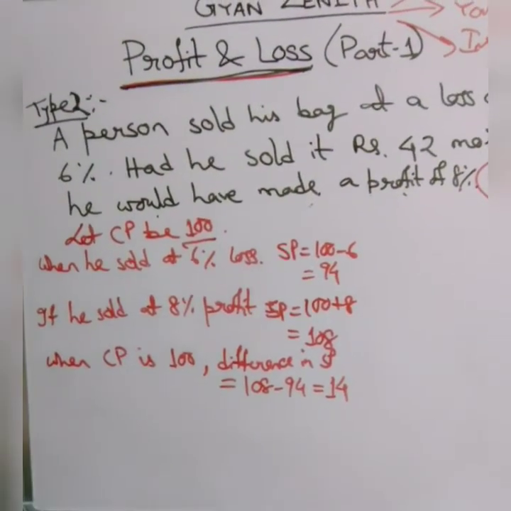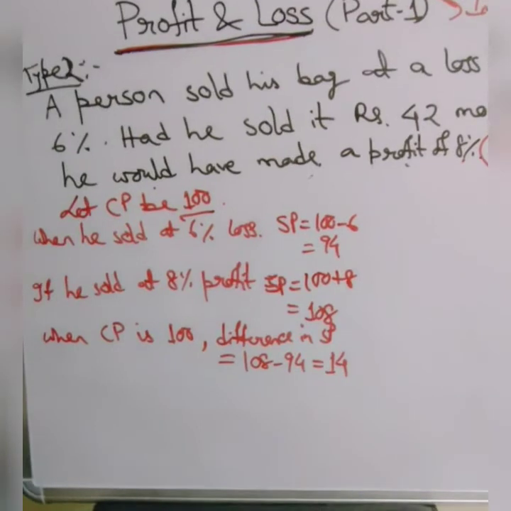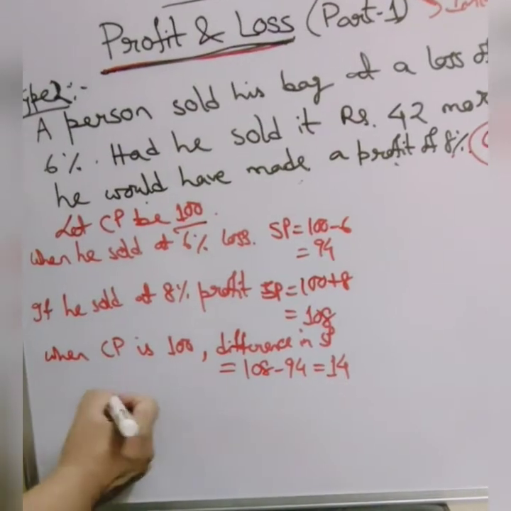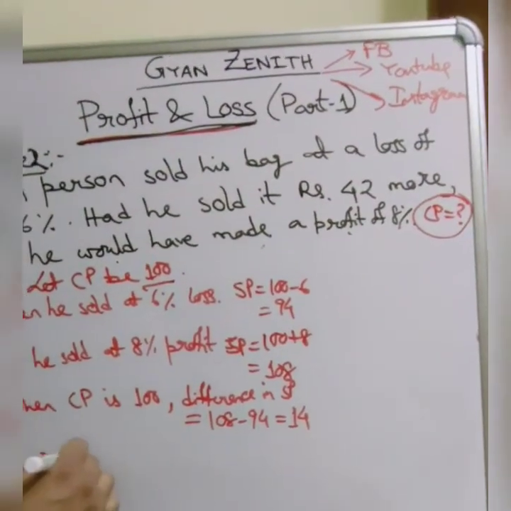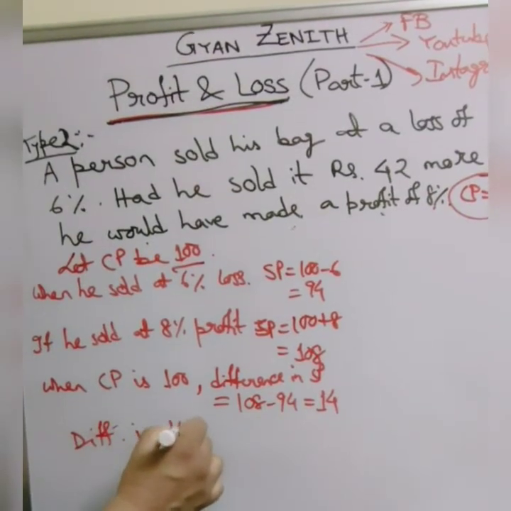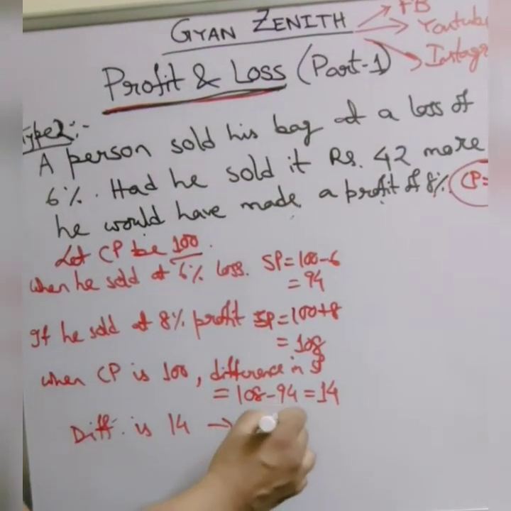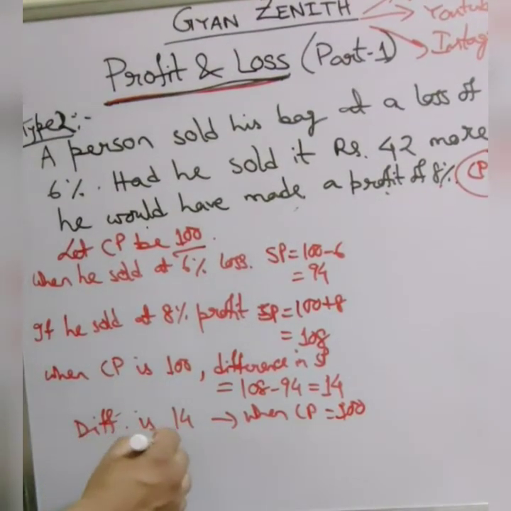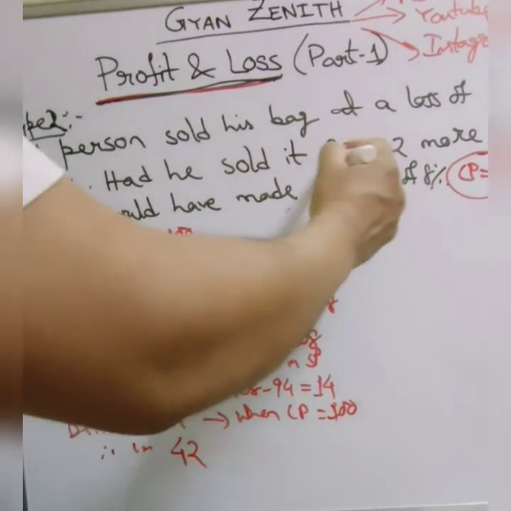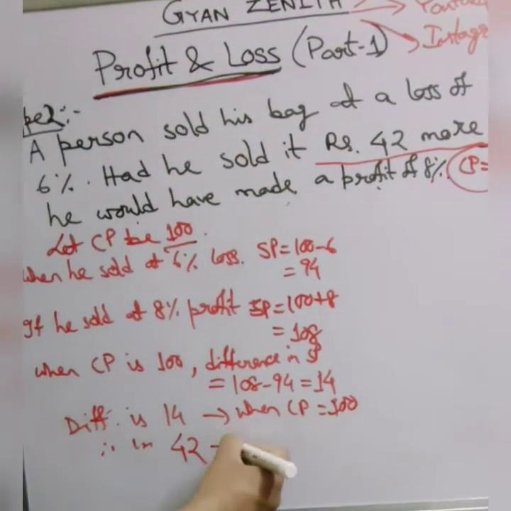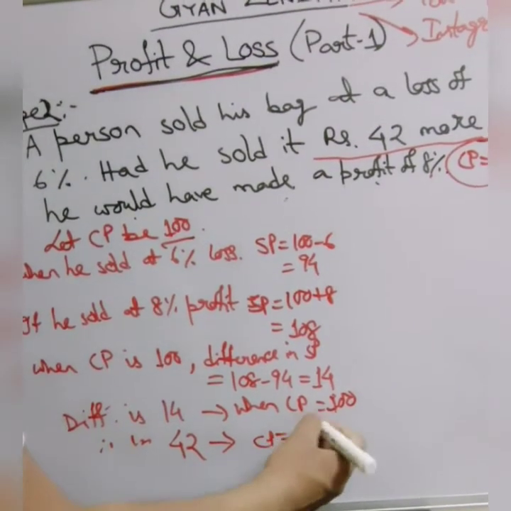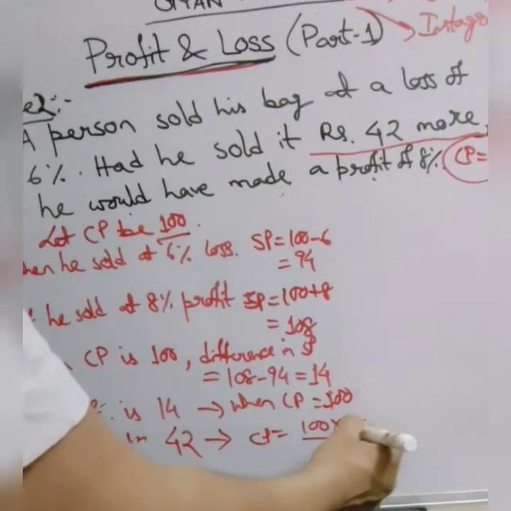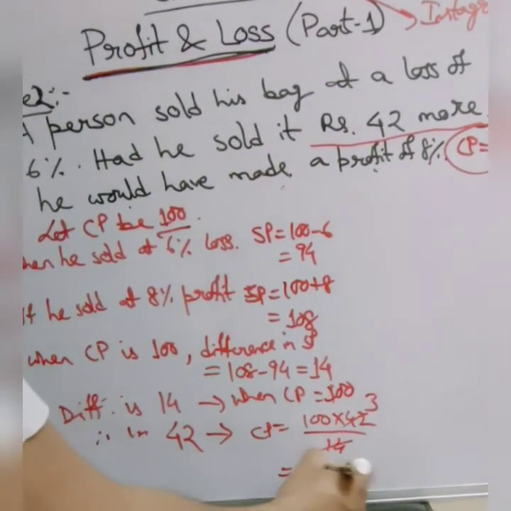So the difference is 14 rupees when the cost price is 100. The given difference is 42 rupees, rupees 42 more. Then what will be the cost price? So the cost price will be 100 into 42 by 14, so 300 rupees.